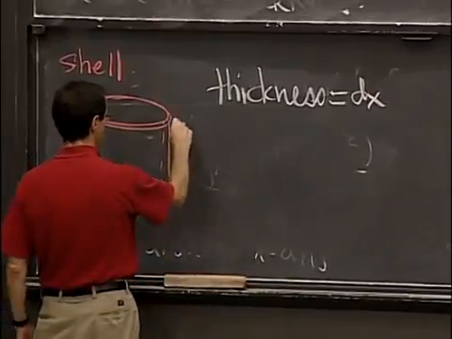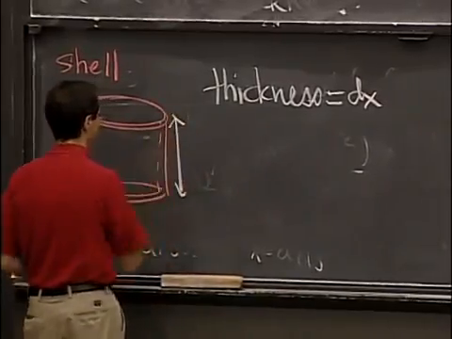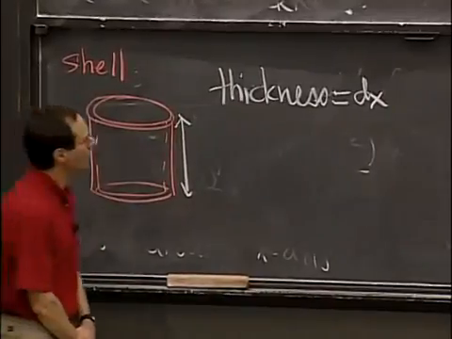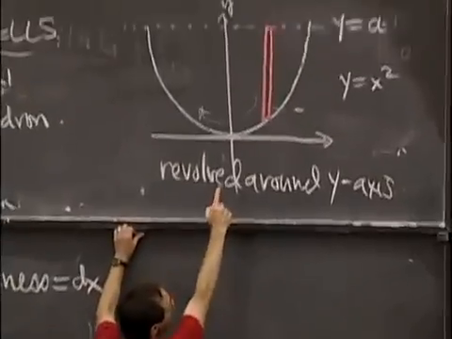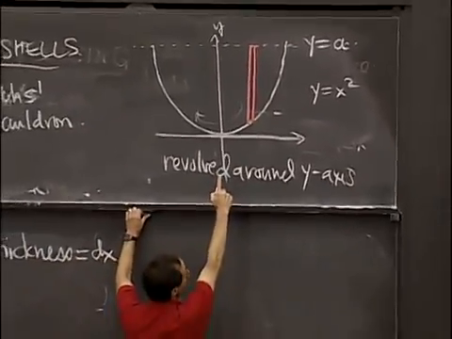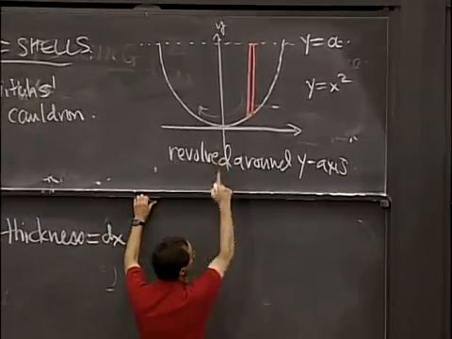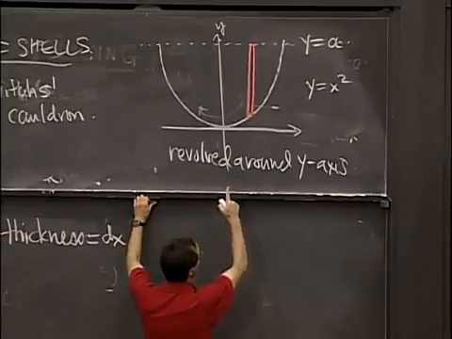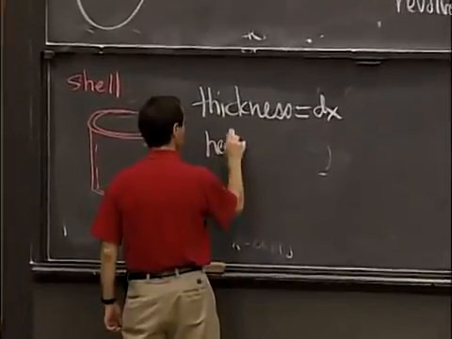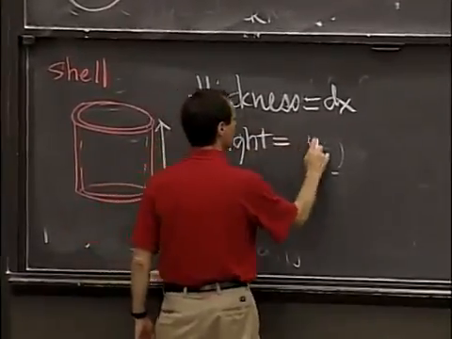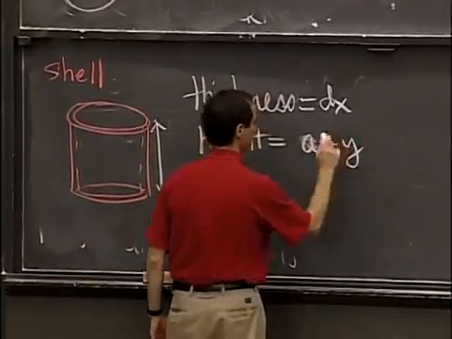Its height is what? Well, actually, I have to use the diagram to see that. The top value is a, and the bottom value is what we call y. So the height is equal to a minus y.